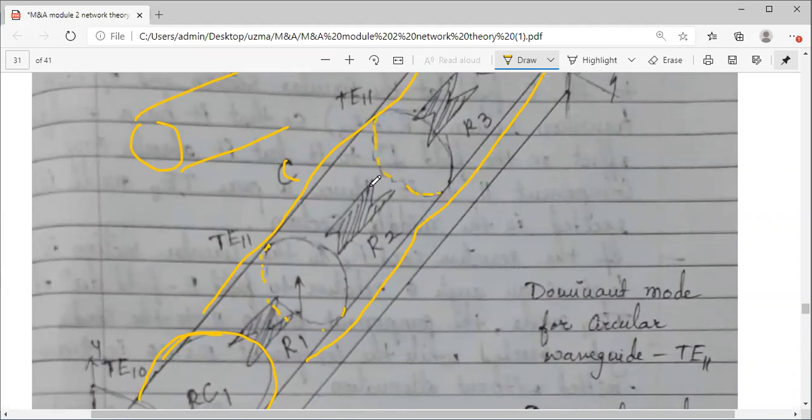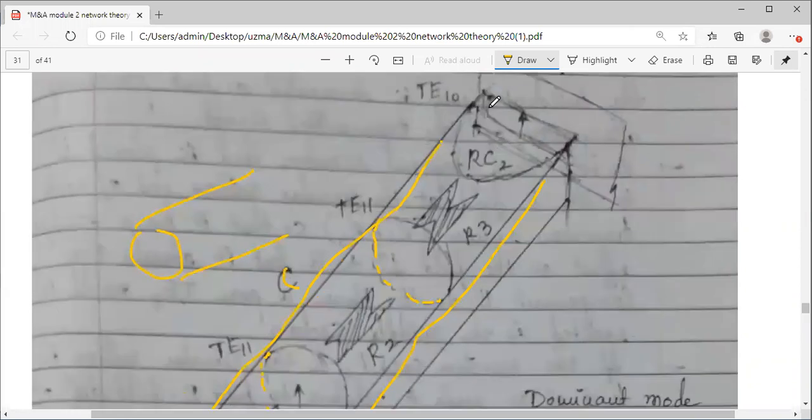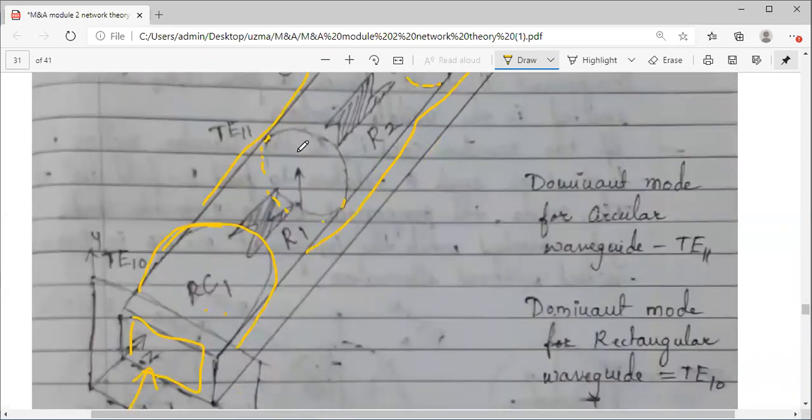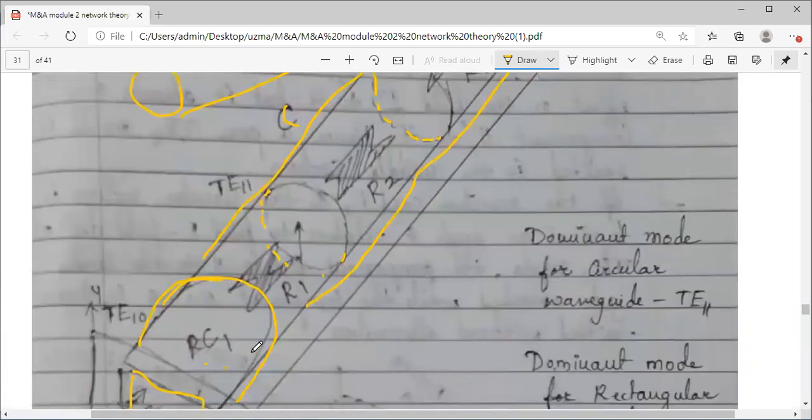Okay, the circular section is at the center, and at the two ends, RC1 and RC2 are rectangular sections. The port opening is rectangular, but inside, the center section is circular. So here some etching is there, right?